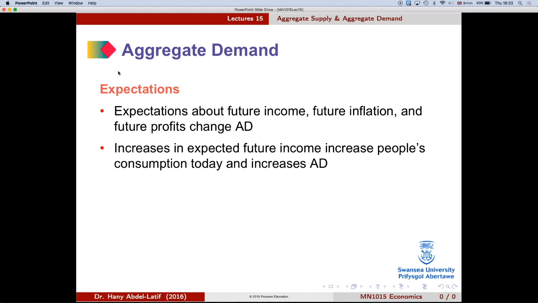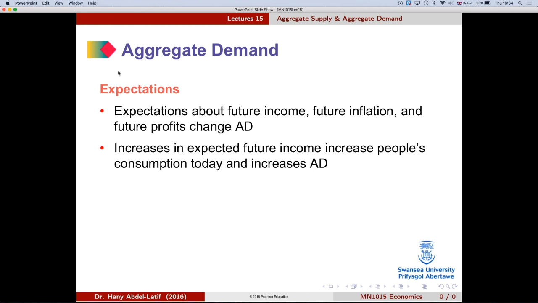So if people expect that their income will increase in the future, that means they will spend more in consumption now. And again, this is one of the components of the aggregate demand, so that's why it will shift to the right. That means aggregate demand will increase. The same thing if people expect that the prices will increase, so the future inflation.